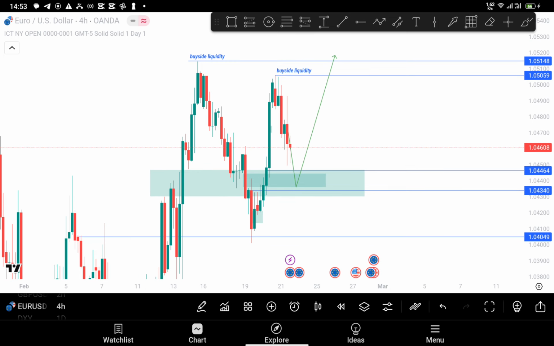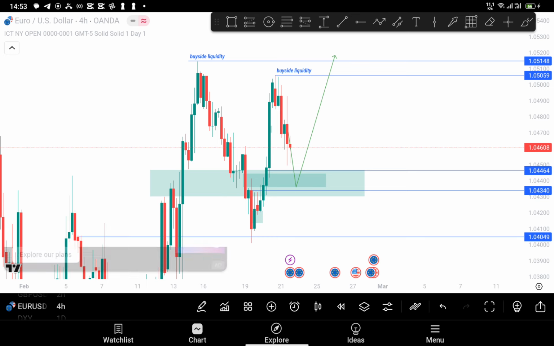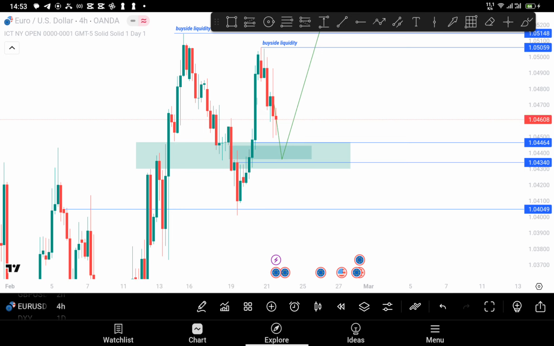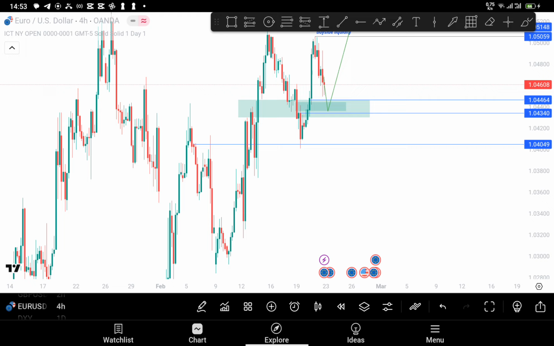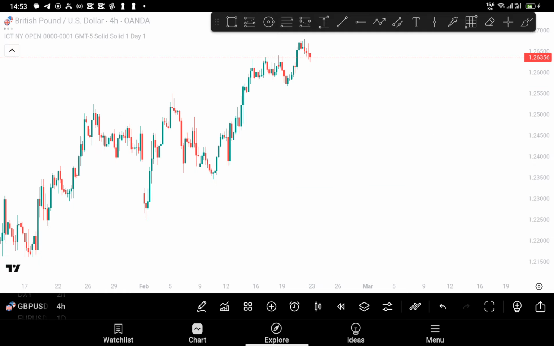I would love to see this, and then I may be wrong. Don't forget that I may be completely wrong, but for now I want to see how price will react in that region, and then yeah, for now that's what I'm actually seeing, bullishness from there.